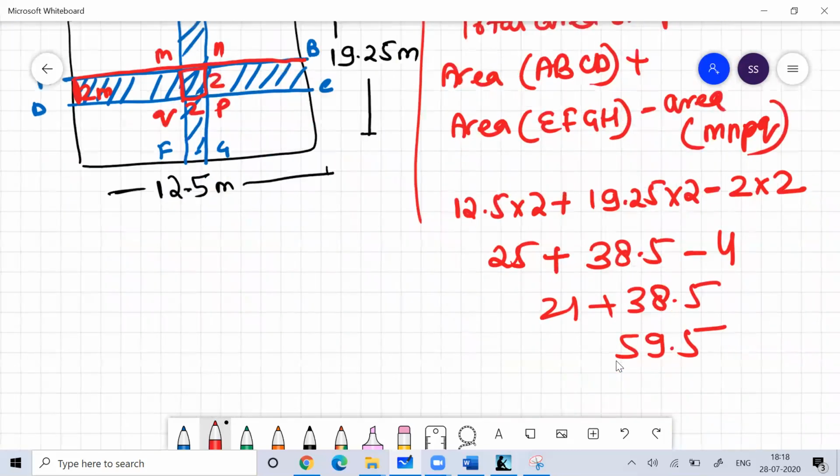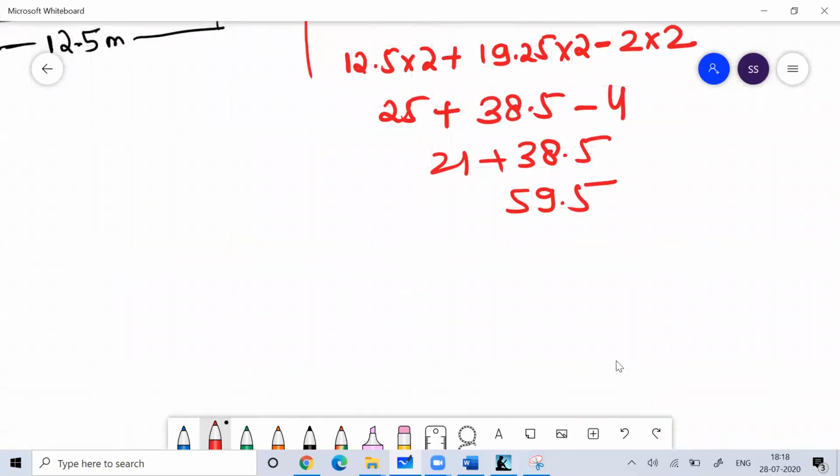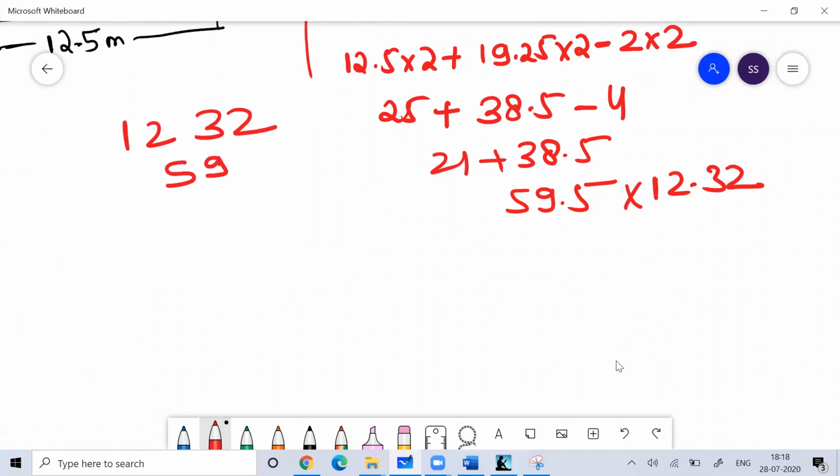Who gives such kind of digit here? 12.32. Too much calculation. 12.32 and this is 595. So what into 5 means 6160.